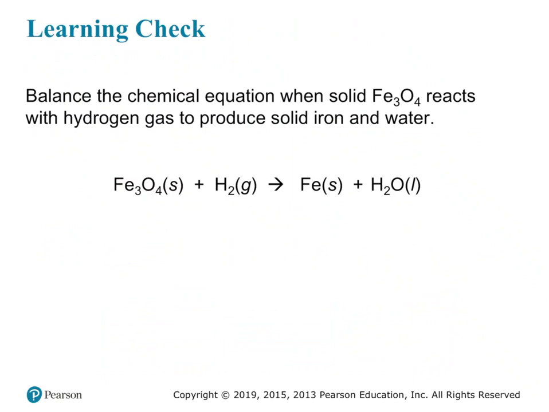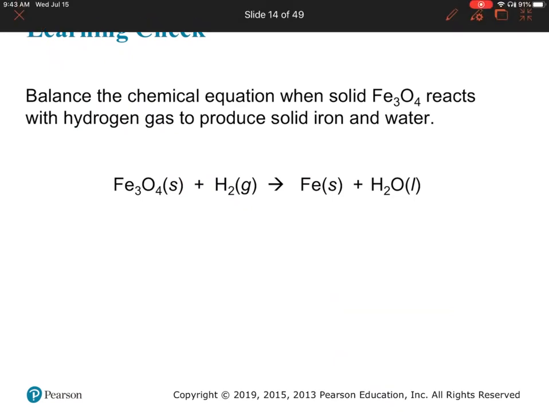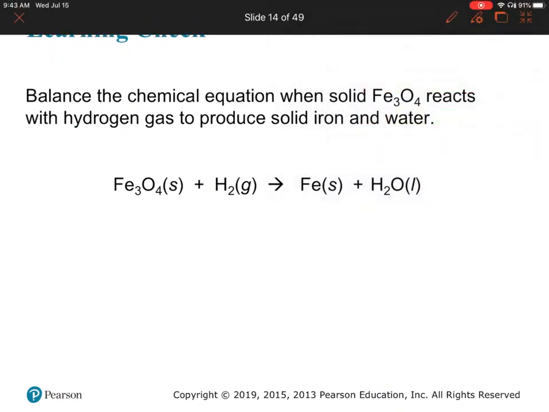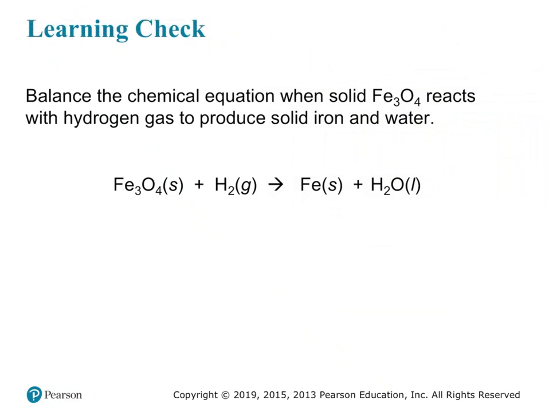So let's practice another equation, and if you want to try this on your own first, you can. Feel free to pause the video, and then we'll go over it together. Okay, so for this reaction, we have Fe3O4, which is a solid, and that's reacting with H2, which is hydrogen gas.